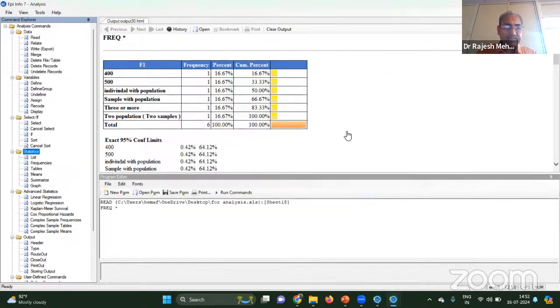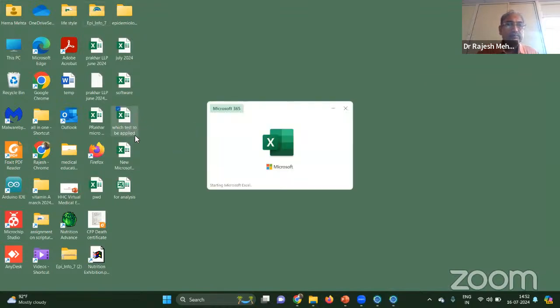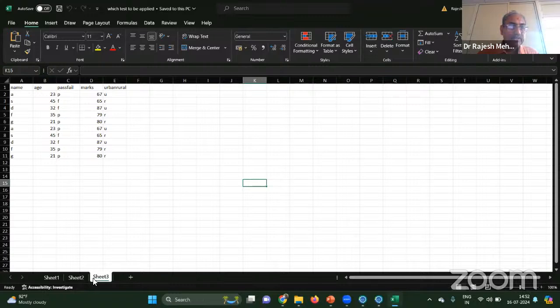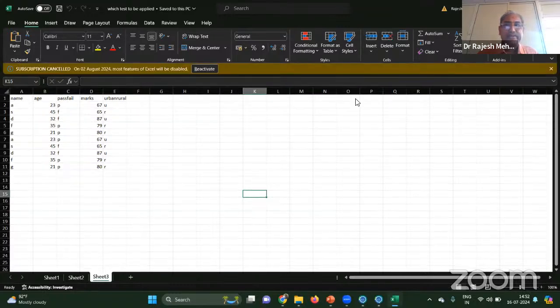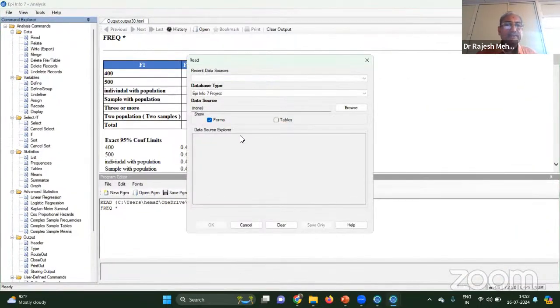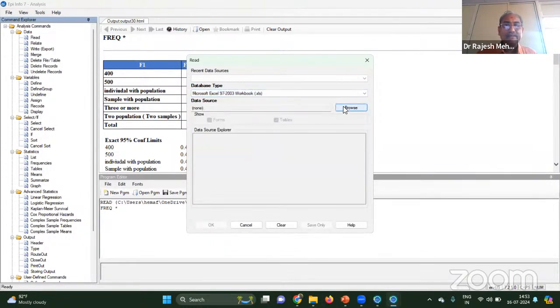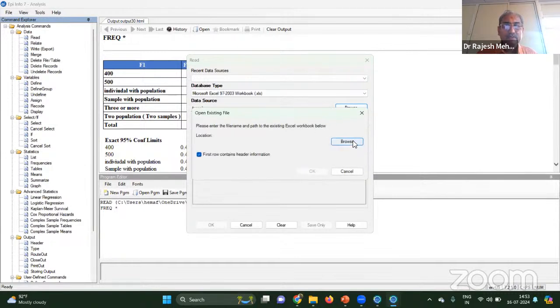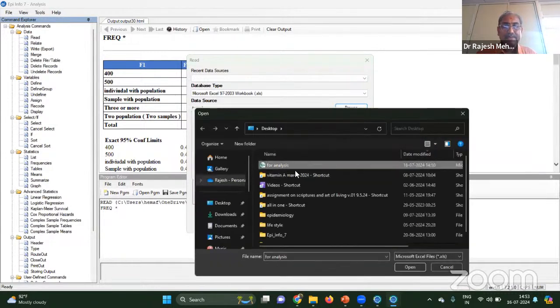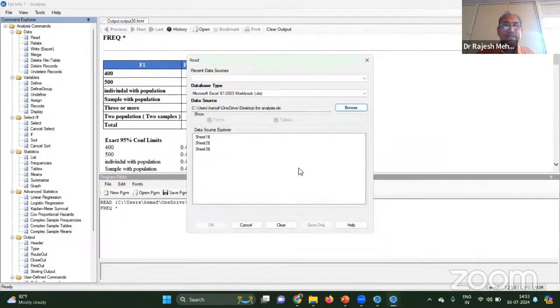Now, if you want to select another file, we need to select sheet number 3. So let us go to Read, choose the XLS file, browse for analysis, and select Sheet 3, where our data is.